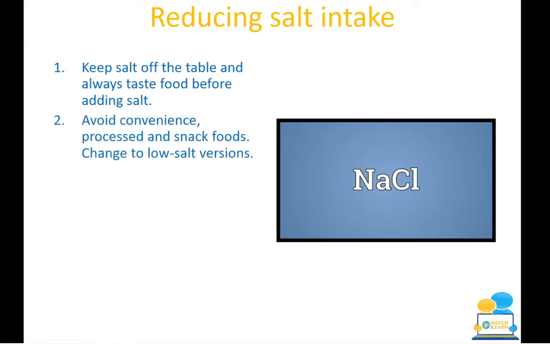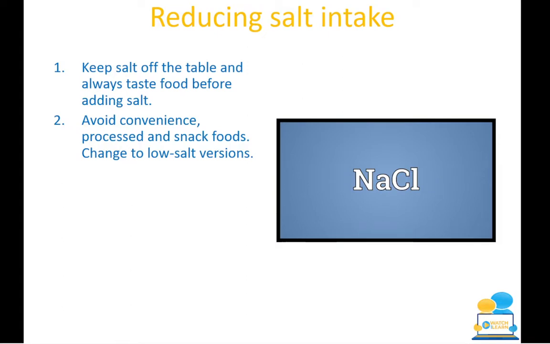So avoid your convenience foods, so the likes of your gravy. Instead of making gravy with the dry packets, try making your own using meat juices. So if you're cooking some steak, keep the juices and add them into water and thicken it up with some flour and corn flour, and it'll be just as tasty.